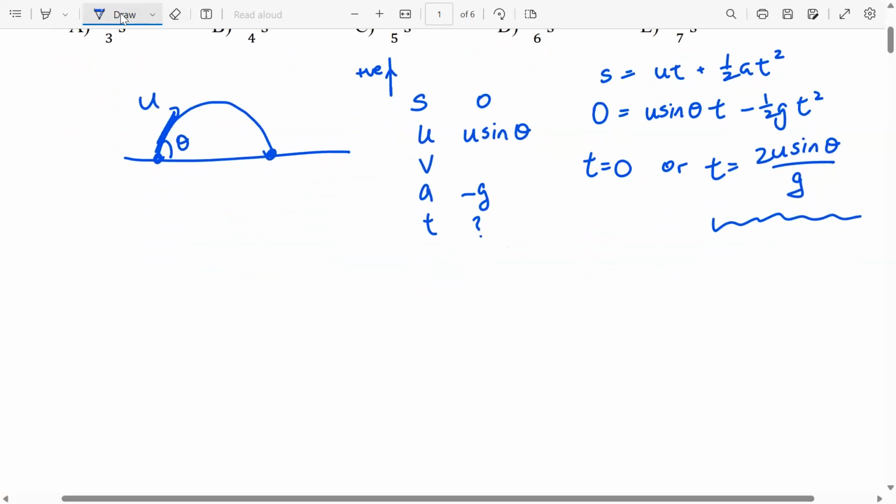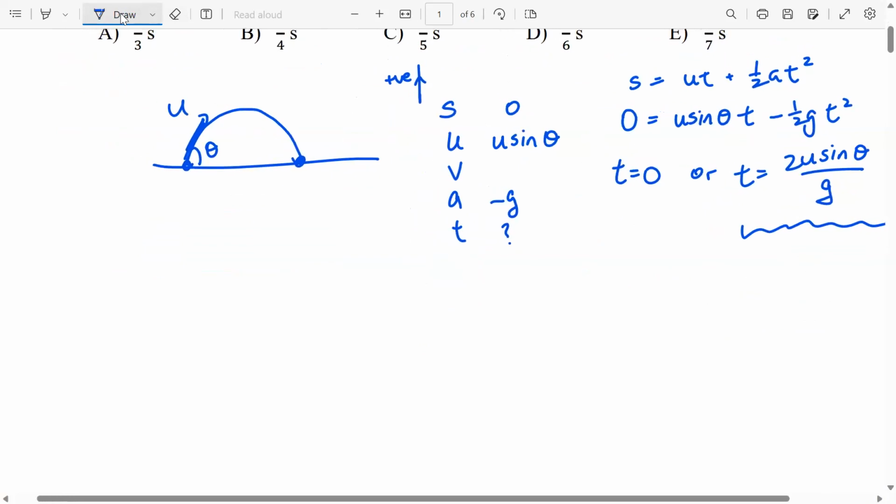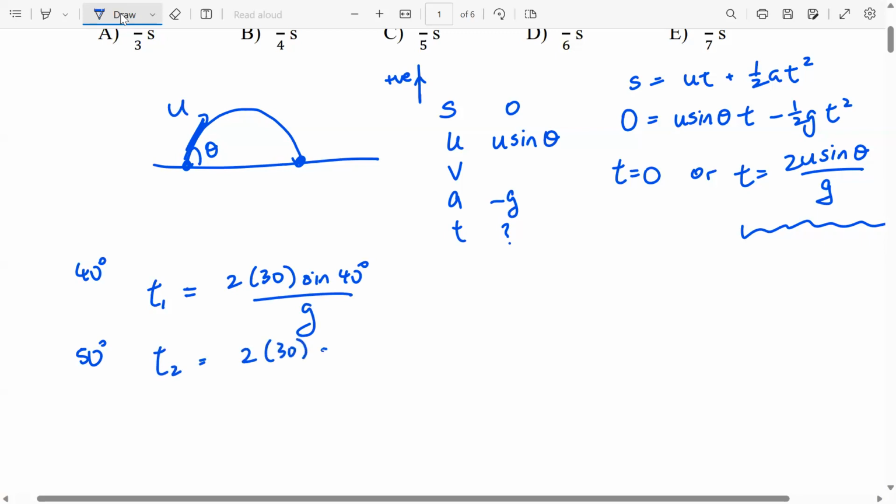Now we talk about the two projectiles. The first projectile, let's call it T1. For the 40 degrees one, T1 is 2 times 30 sine 40 degrees over g. Whereas for the 50 degrees one, T2 is equal to 2 times 30 sine 50 degrees over g.